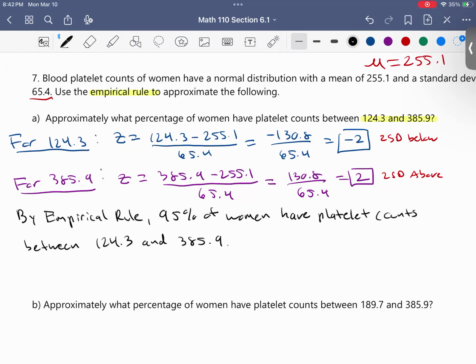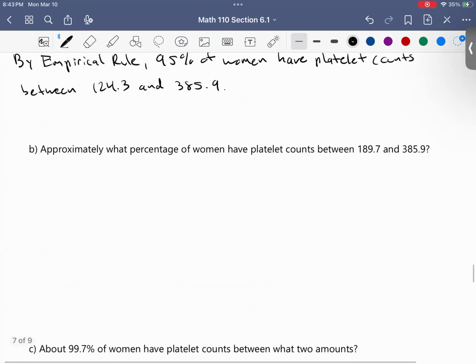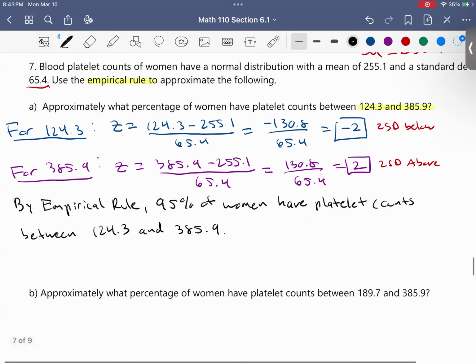Okay, so let's go ahead and check out part B now. Part B says what percentage of women have platelet counts between 189.7 and the similar 385.9.